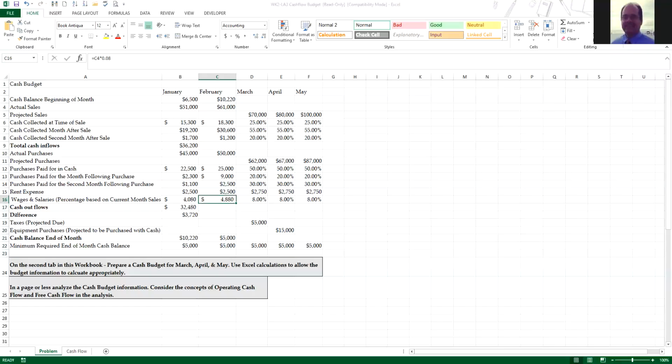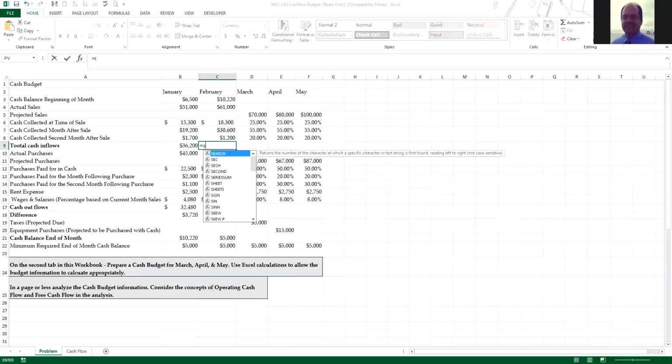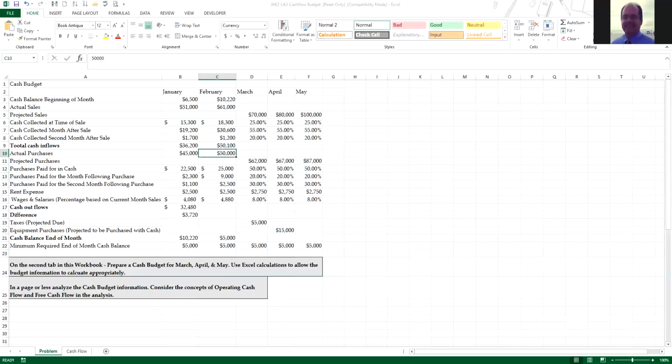Okay, so it's 4,880. Now we need to figure out our inflows and our outflows. So our inflows for February were summed. Here we have our inflows. Now we need to figure out our outflows.